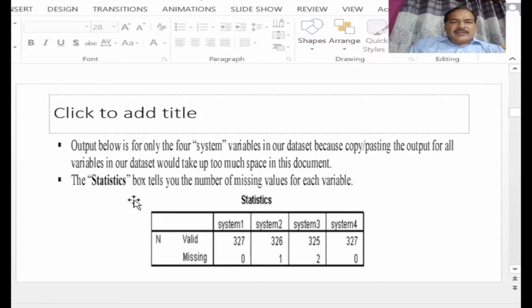and with the help of the frequencies in the analysis part, we can identify the number of missing data for each variable, and we can identify the particular subject who has not given a response on a particular scale or variable.